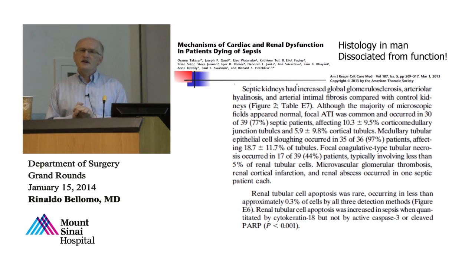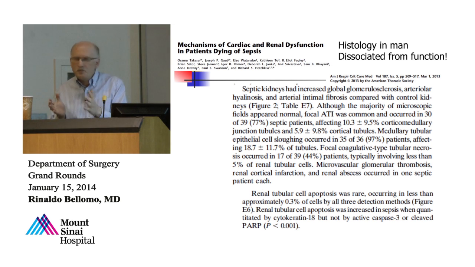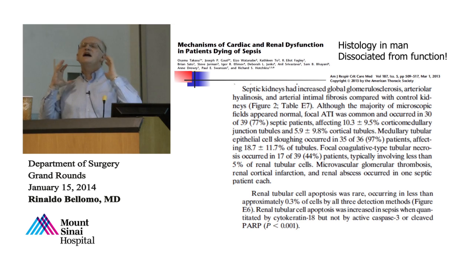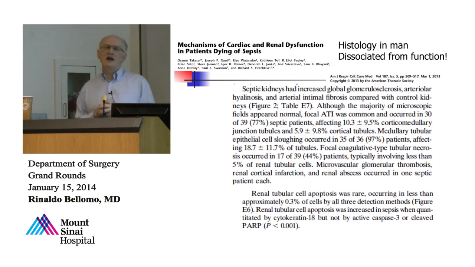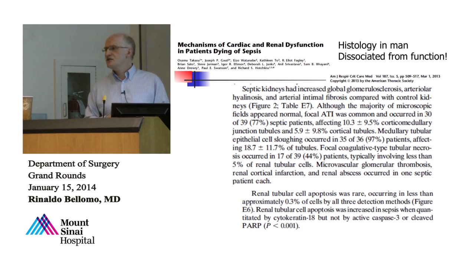So, this is all very interesting. The kidneys aren't working. Renal blood flow does not appear to be a major problem. There may actually be an excessive global blood flow, but flow is dissociated from function, and histology is dissociated from function.